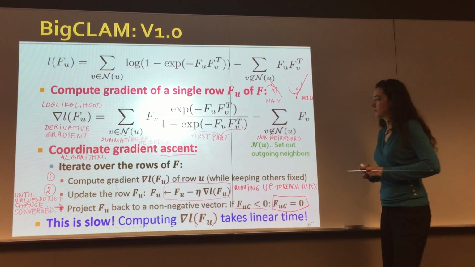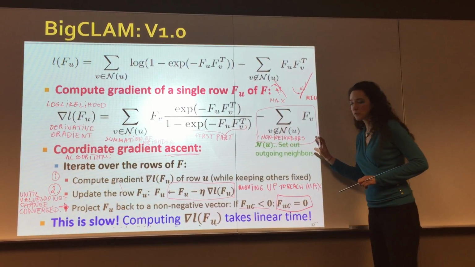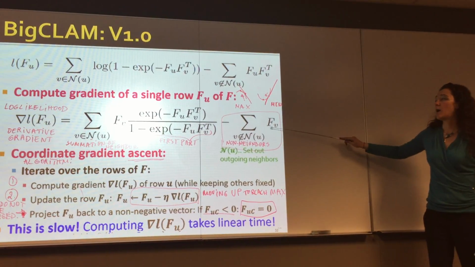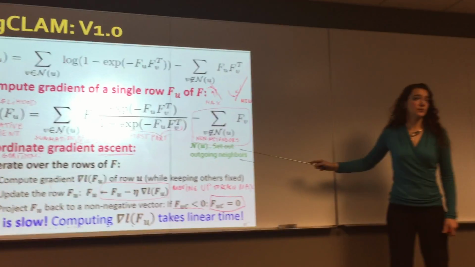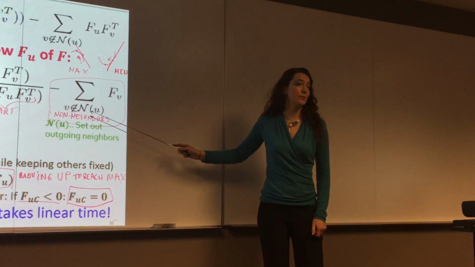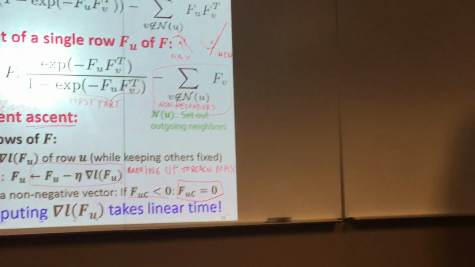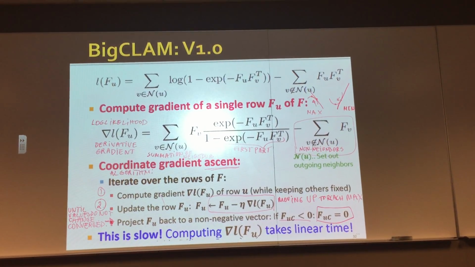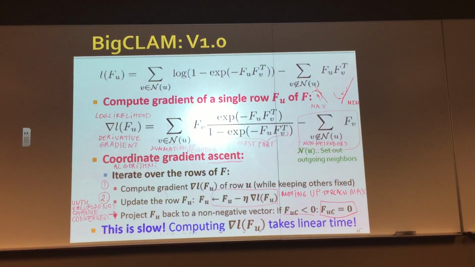We're gonna subtract those non-neighbors out of the equation, and in order to find who they are, we have to scan the entire database because there's a lot of nodes and we need to find out who are not our neighbors. Any of the ones that are not connected to us are not our neighbors, so we gotta look through the entire graph. And that makes this algorithm very slow.